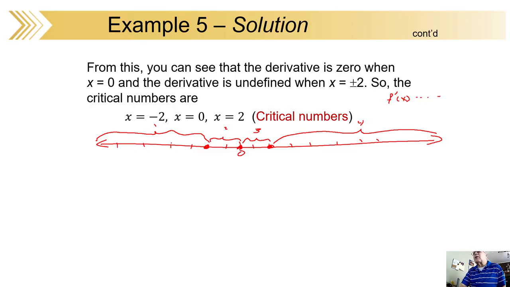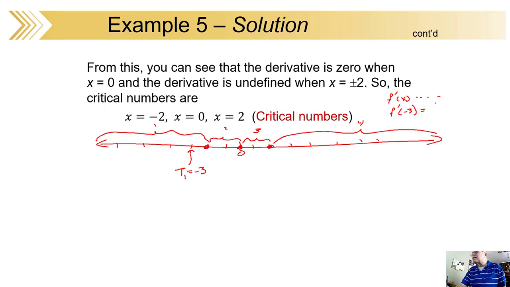Take any number here that you like. So for example, maybe you want to use this and you want to check this out. This is negative 3. It's going to be your test. You'll take that negative 3, put it in your derivative, and see what you get.